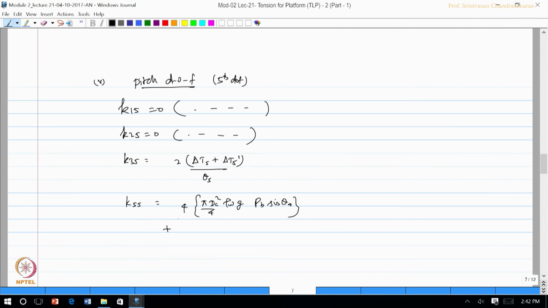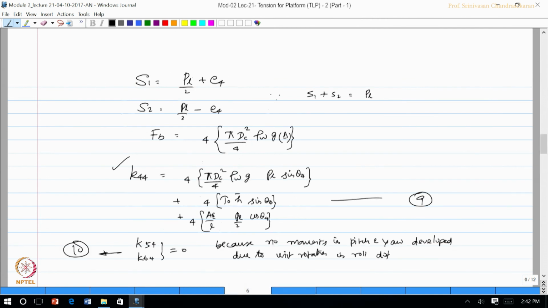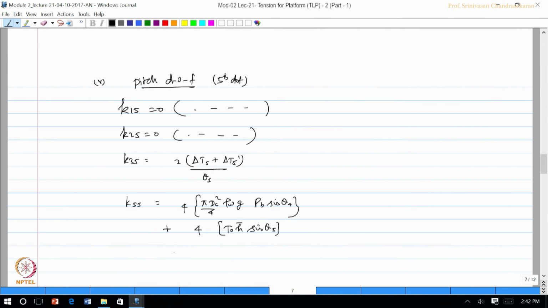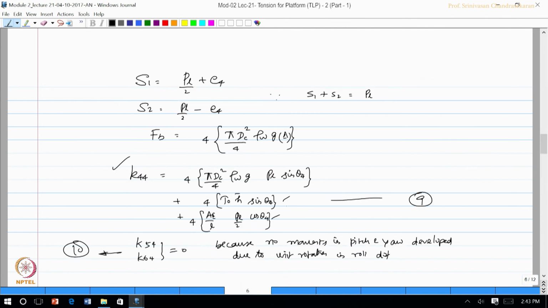plus 4 T 0 h bar sin theta phi, same as this, plus AE by L P b by 2 cos theta phi into 4 times, same as this.